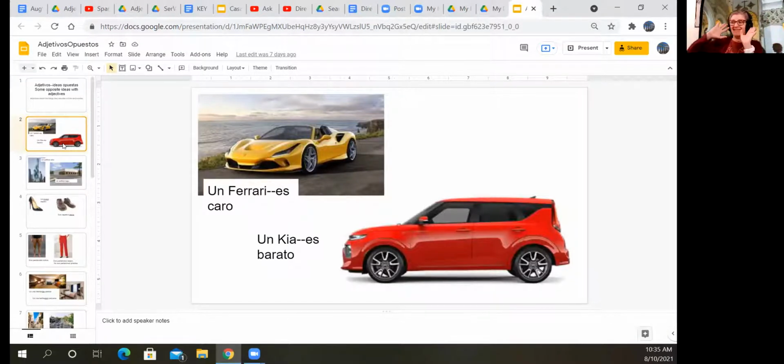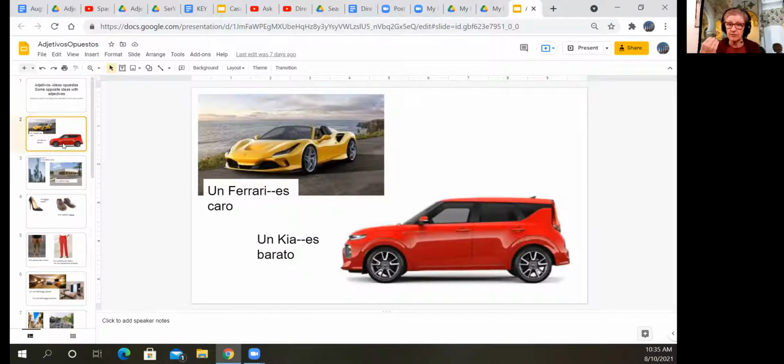And again, I'll give you a link to all these so you can look at them later and let that sink in. Un Ferrari es caro. A Ferrari is expensive. Caro. Carro with a strong roll is car.